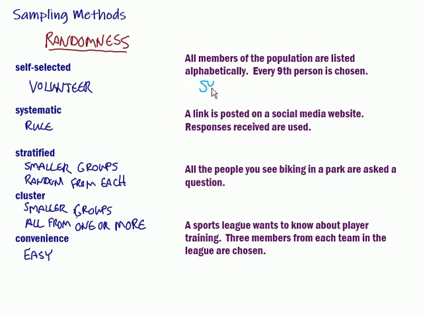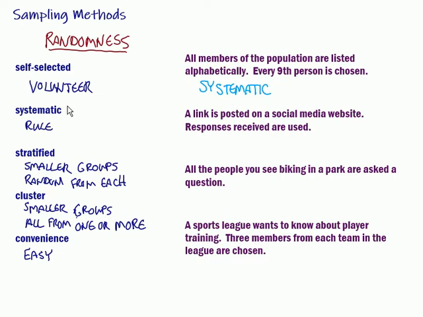We just say, all right, every fourth person or every other person or whatever, it's very just boom, boom, boom, every certain person, systematic. A link is posted on a social media website. Responses received are used. Well, who's going to fill out this survey or whatever it is that has the link? Well, the people that want to, right?